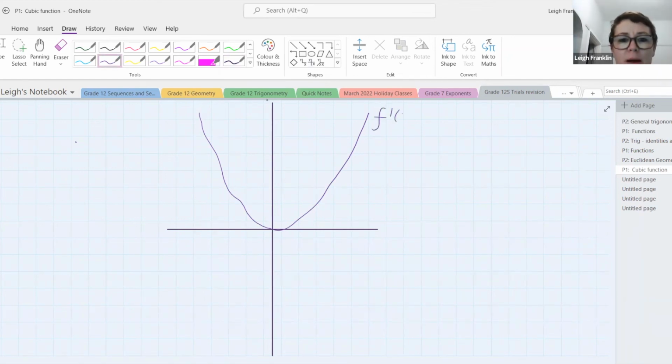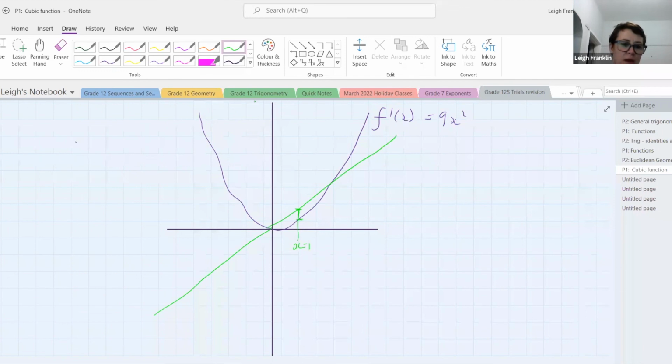So this is f prime x, and it is the graph of 9x squared. Then we have the graph of f double prime x. It also goes through the origin, up like that. Okay, and where x is equal to 1 is somewhere over here. This is where x would be equal to 1. All right, so they want us to find the difference between the output here and the output there.